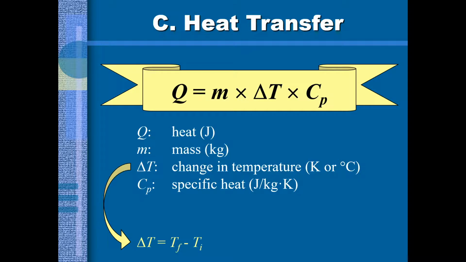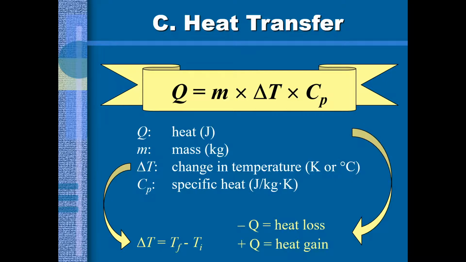And change in temperature just means final temperature minus initial temperature. And then specific heat, we use C with a lowercase p next to it. That's just the symbol meaning specific heat. And that's measured in joules per kilogram Kelvin or joules per kilogram degree Celsius.